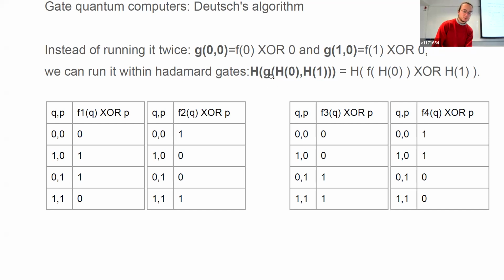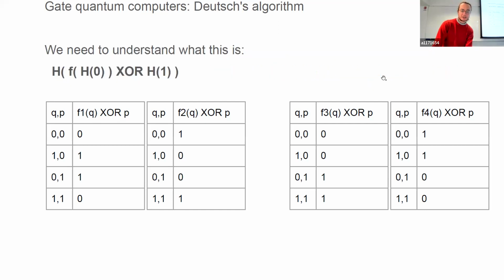And then the output of your function, G here, is just F of Q XOR P, F of the first element XOR the second element. You take the output and you run the Hadamard gate again on it. So in the end, you run this kind of setup, but you run it only once. So you don't have to run it twice.